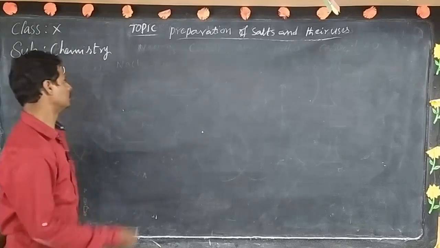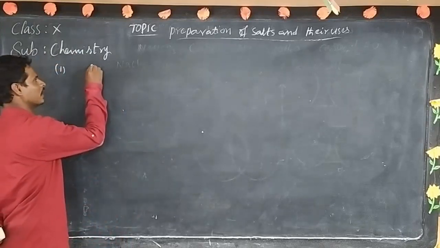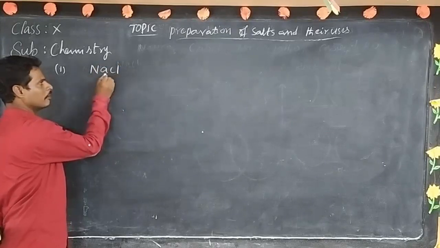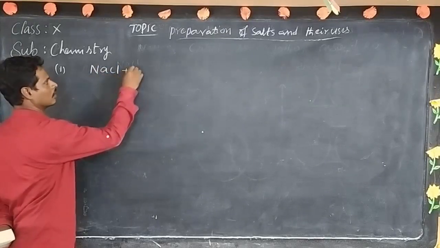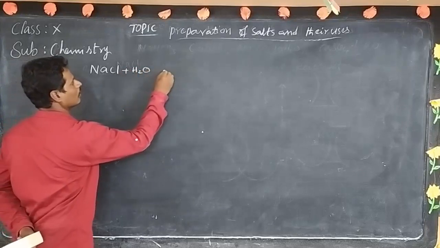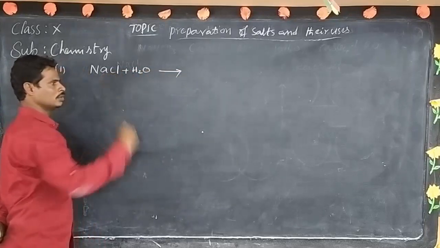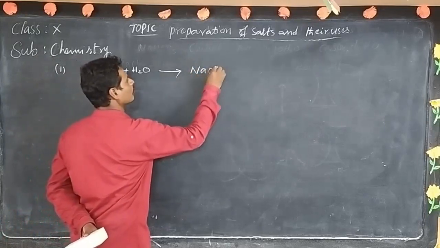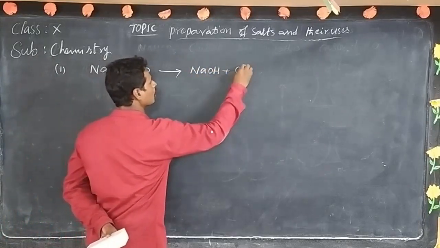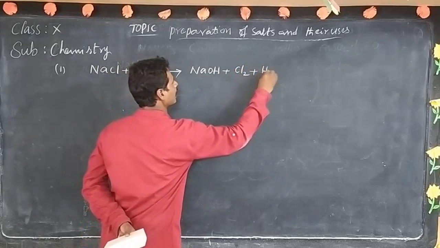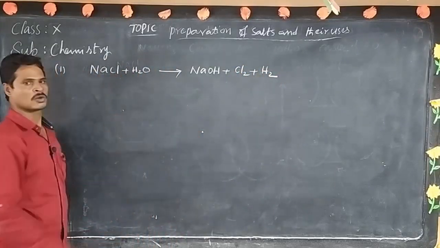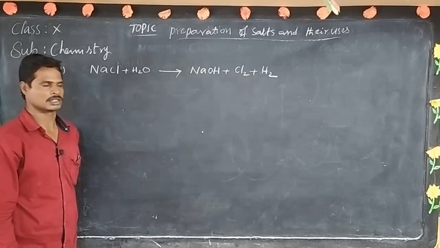Chlor-alkali process. Now observe brine solution. When electricity passes through the brine solution, it undergoes decomposition to form sodium hydroxide, chlorine plus hydrogen gas. This process we call the chlor-alkali process.